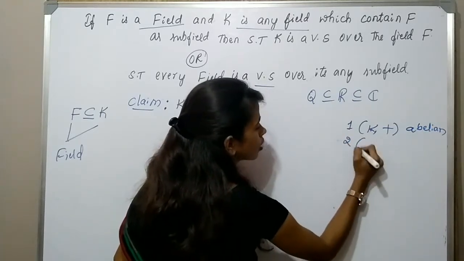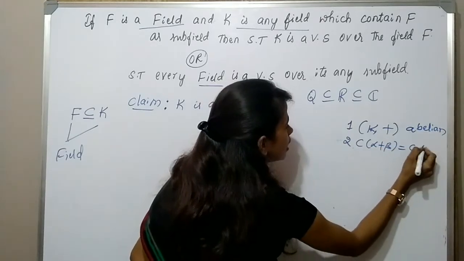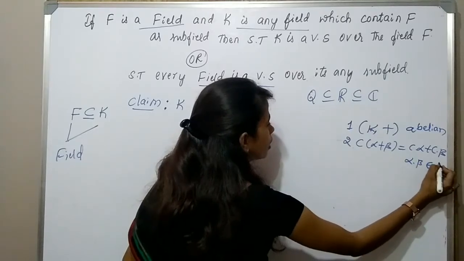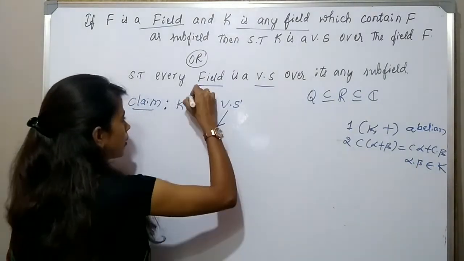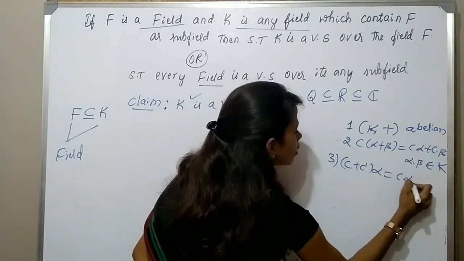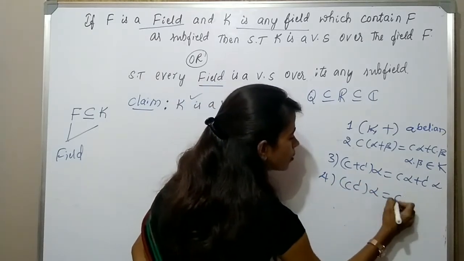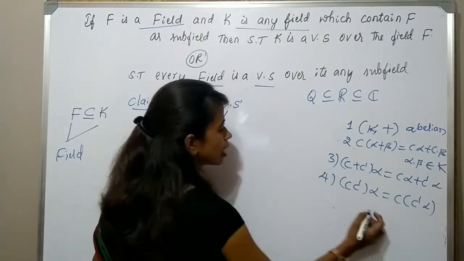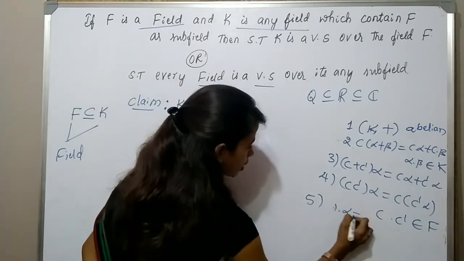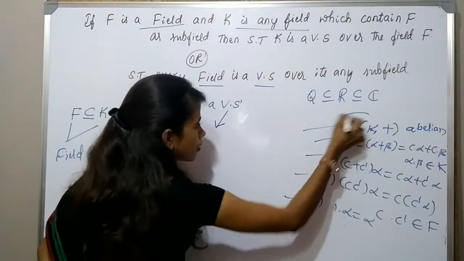Second condition: C(α + β) = Cα + Cβ, where α and β belong to V, here K. Third one: (C + C')α = Cα + C'α. Fourth one: (CC')α = C(C'α), where C' belongs to the field F. Fifth one: 1 · α is equal to α.